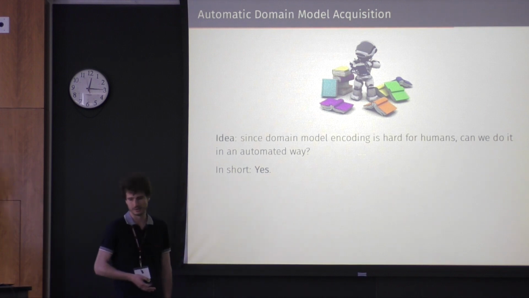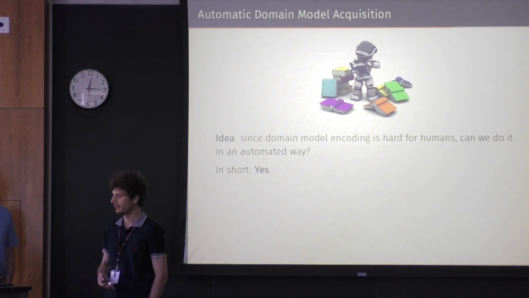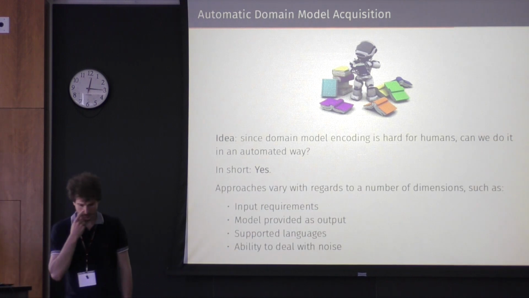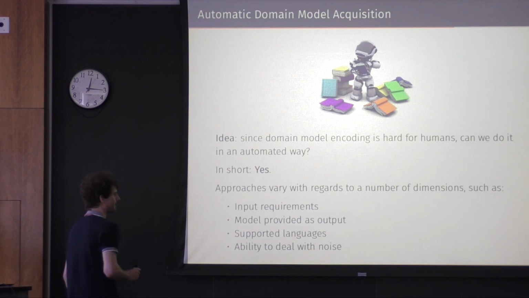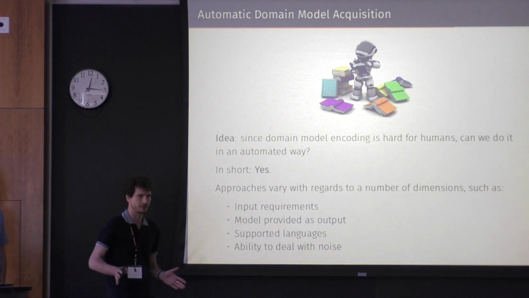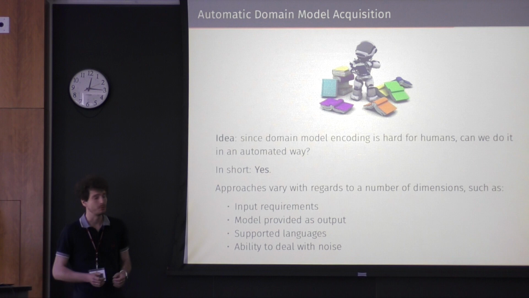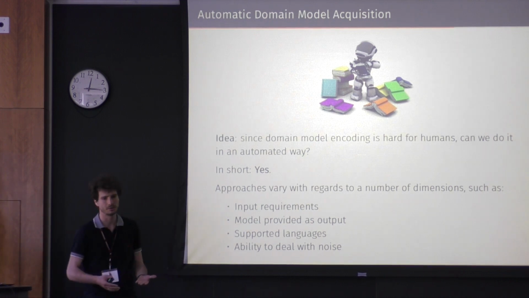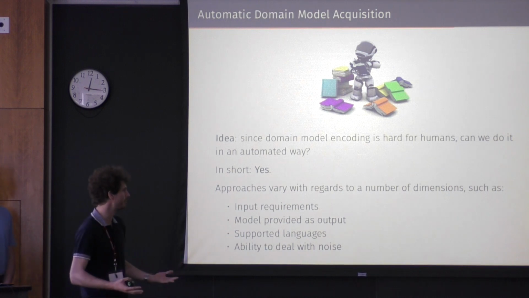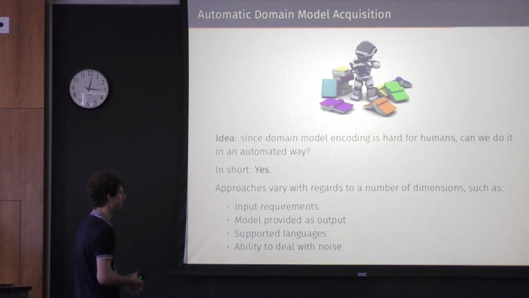There have been a lot of studies in this direction and in this area, and clearly there is a significant variety in terms of different perspectives that are considered by domain model acquisition systems. So clearly one main question mark is about the kind and the amount of input that you require from the system.